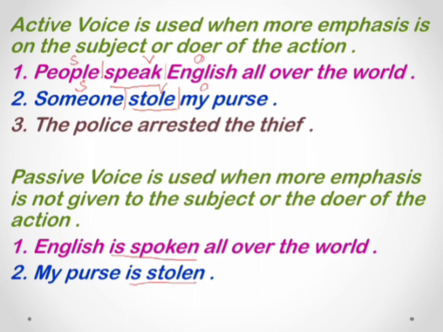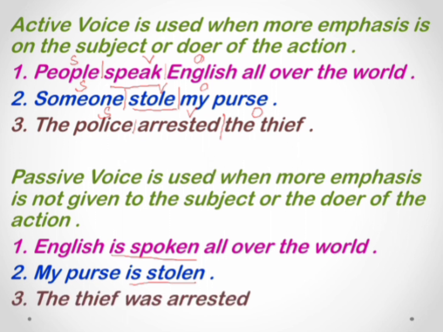The next sentence: the police arrested the thief. Here the police is the subject, so he is the doer of the action. What did he do? He arrested whom? The thief. So this is the pattern. And the same sentence in the passive voice: the thief was arrested. The verb has taken a transformation here.